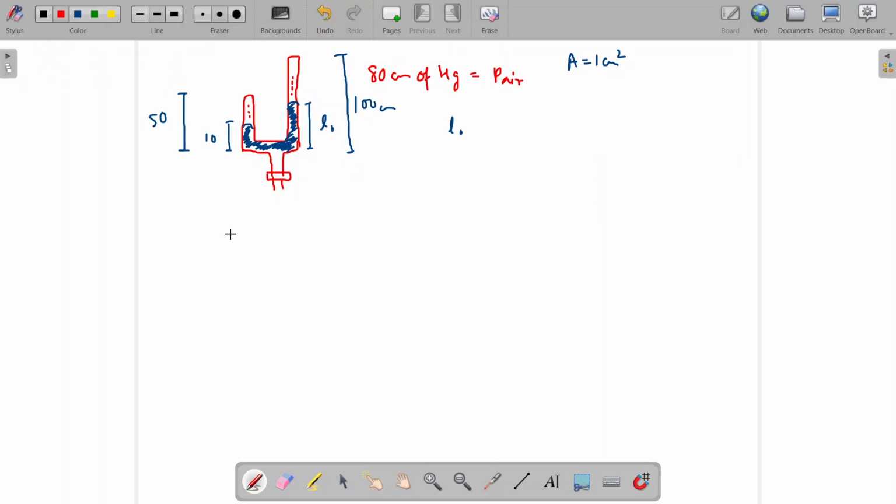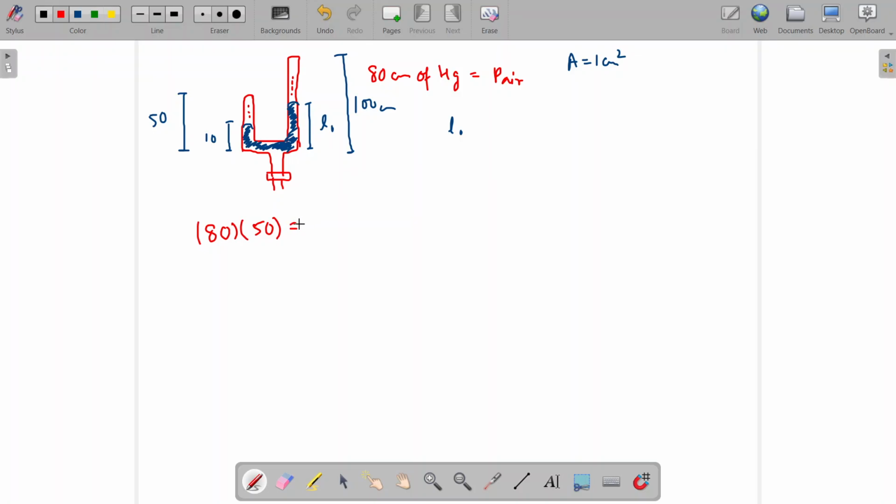So that isothermal process we can apply on both the members of this manometer. So let's see. First of all, the pressure which we initially have is 80 centimeter of mercury. It would be multiplied with the volume, which is 50.